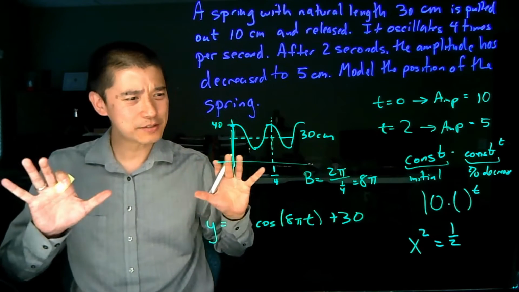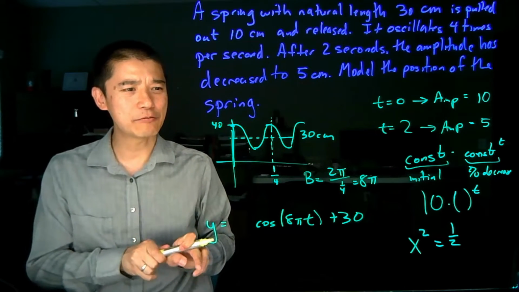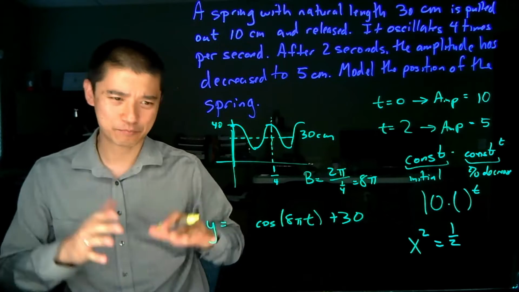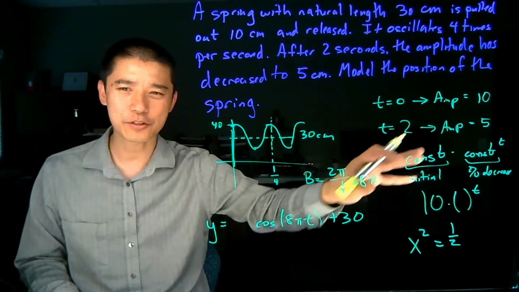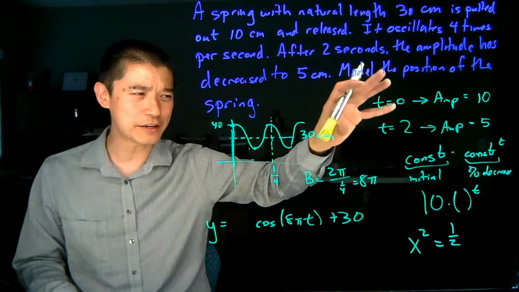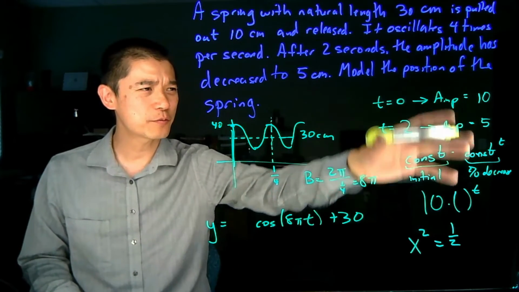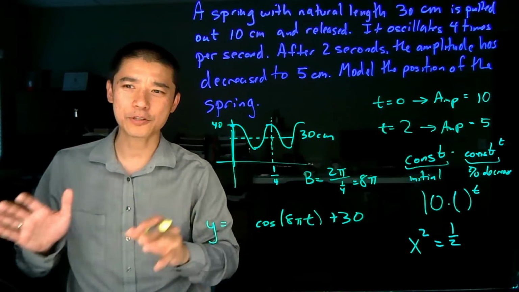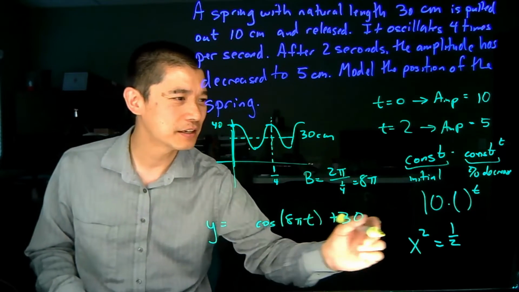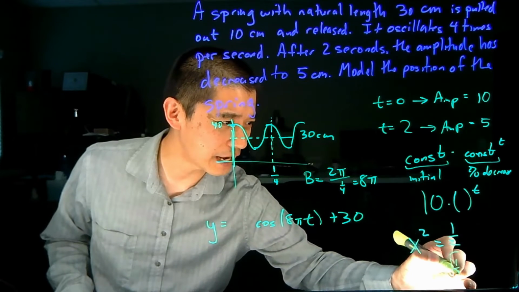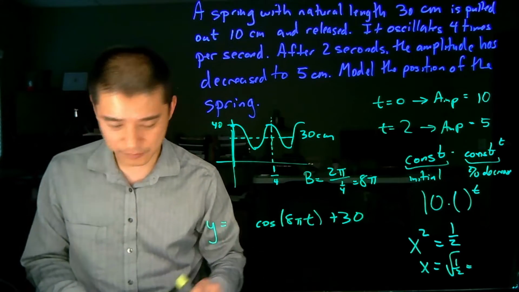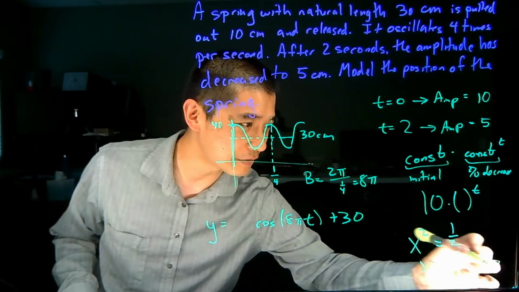Now this will take a little bit of practice, and in a class more focused on physics where you have to do this a lot, we'd spend a lot more time with this. For now, I just want to keep our eye on the big picture here. We are just going through this process to figure out what the percent decrease is per second. And so this tells us that x is equal to the square root of 1/2, and if you actually work that out, that ends up being about 0.707.